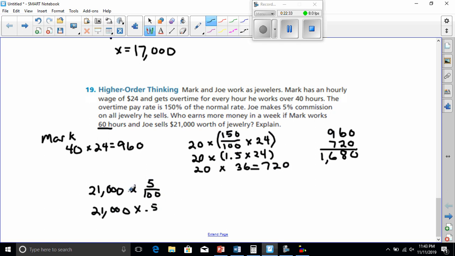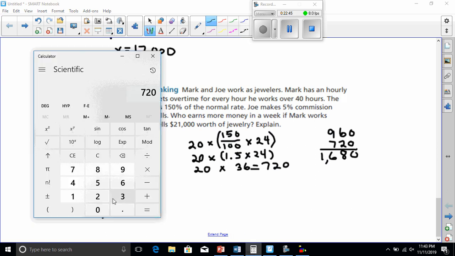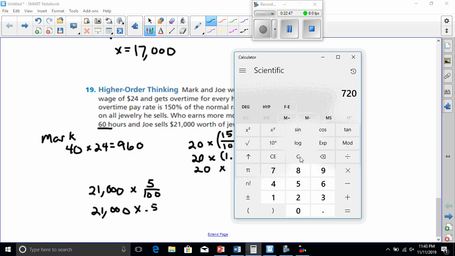I can either take this and multiply it and then divide it, or I can just turn this into a decimal and then multiply it. So let's see here, we've got 21,000 times 0.5. That's going to give me 10,500.